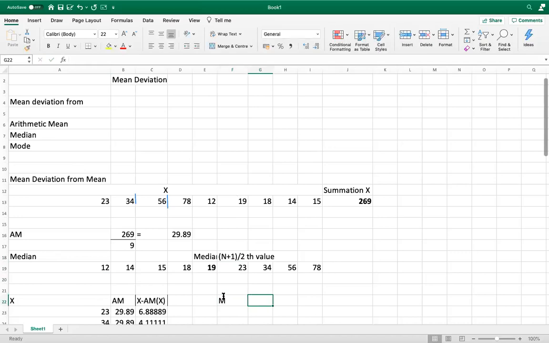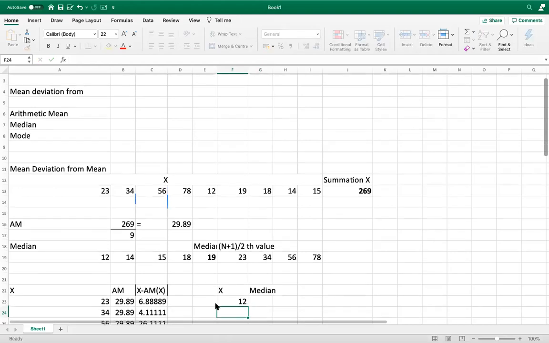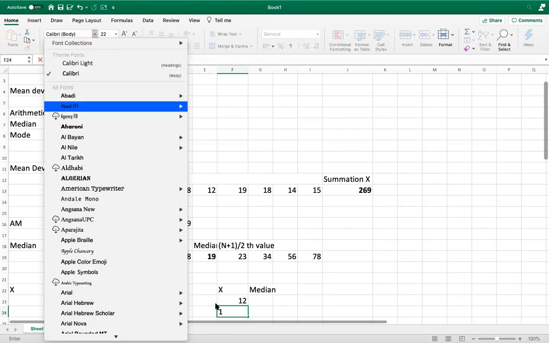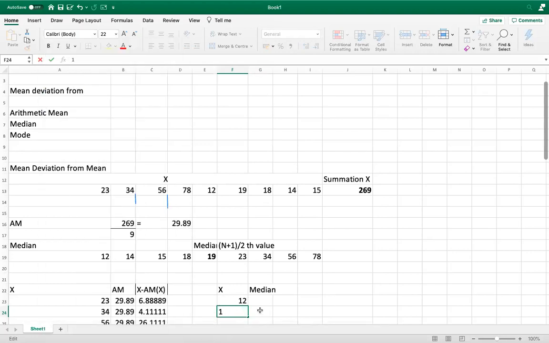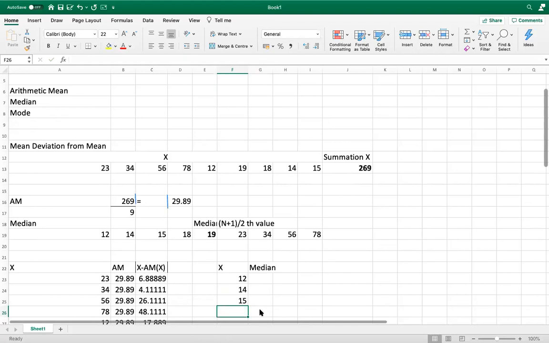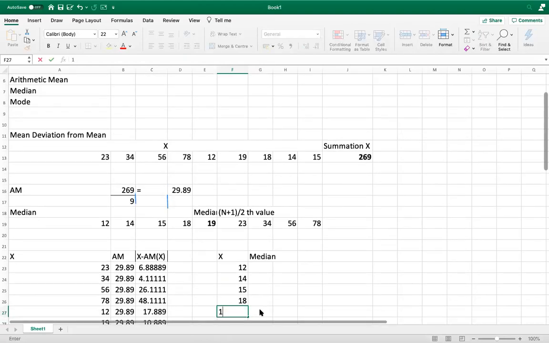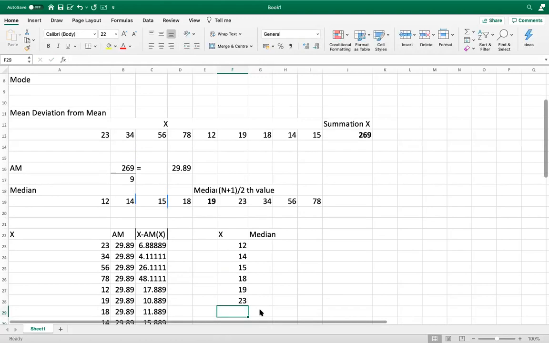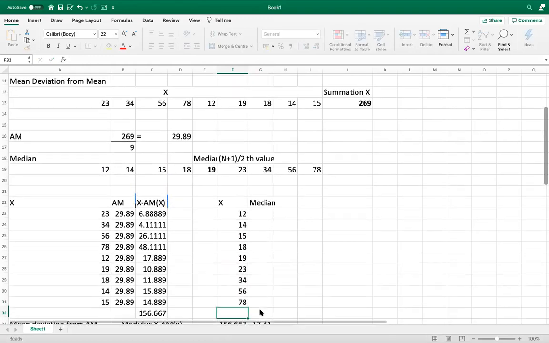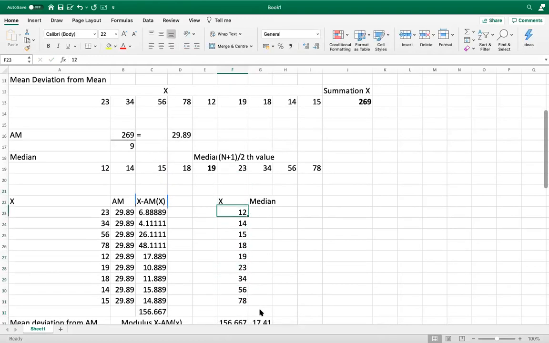The x values I'll copy this way: 12, 14, 15, 18, and so on. Now, have I got all 9 values?